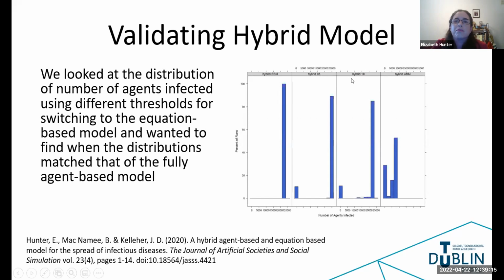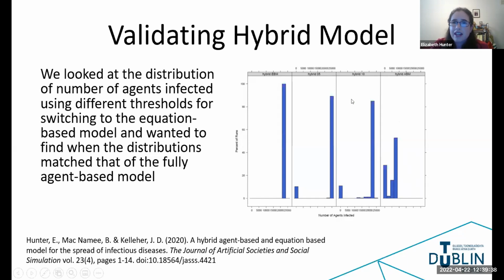And so this set of plots here are histograms, again, of the distribution of the number of infected. On the far left is the fully equation-based model. So we switch automatically once we have one agent infected, and we start using those equations. We switch when we have 5% of agents infected, 10% of agents infected, and then the fully agent-based model, so we never switch.